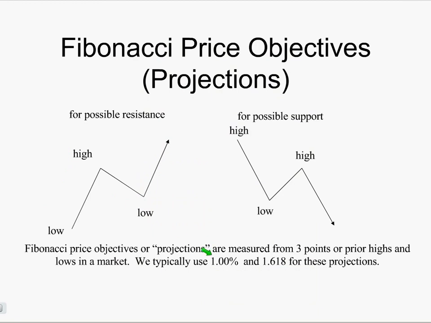And I typically use 100% more often than not. And I use 1.618 only occasionally. Okay, and then I'm also going to run a prior high to low swing and project from another high downward for possible support using 100% and sometimes 1.618.